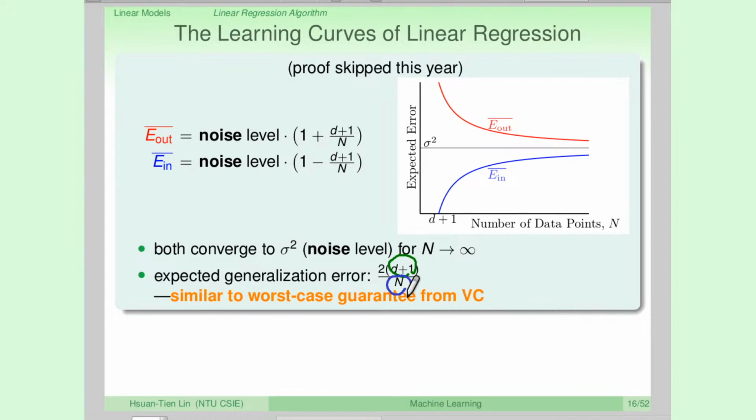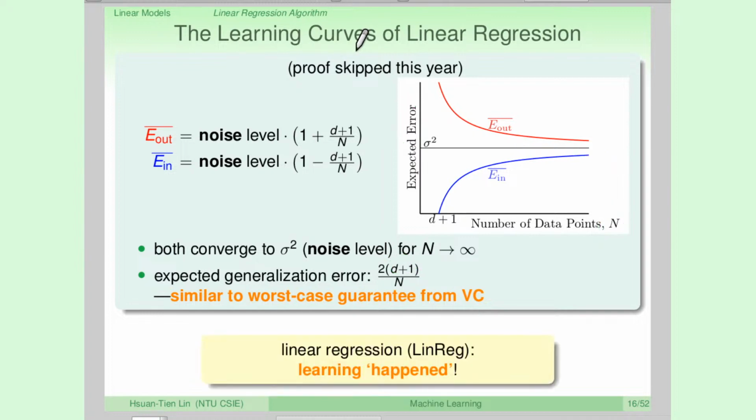If you get more and more examples, you would make the gap smaller and smaller, and the gap is the generalization error that we generally need to pay for learning. And this kind of curve, where we have one axis being the number of examples and the other axis being the error, is called the learning curve. It tells us how good our learning algorithm is when we get more and more examples.